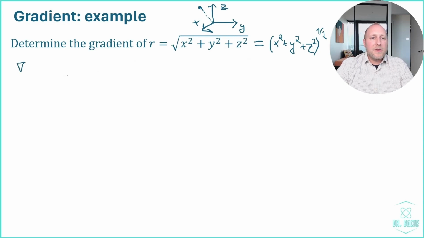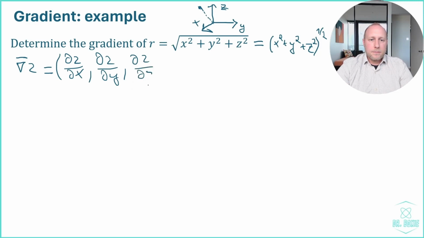The gradient of this r is a vector whose x component is the partial derivative of r with respect to x, its y component is dr dy, and its z component is dr dz.